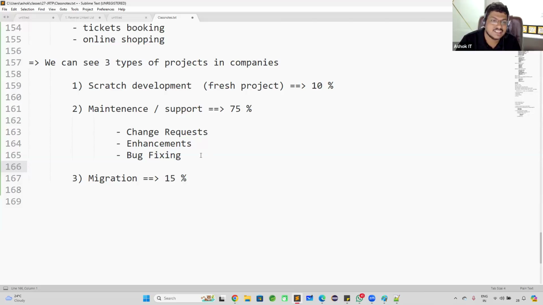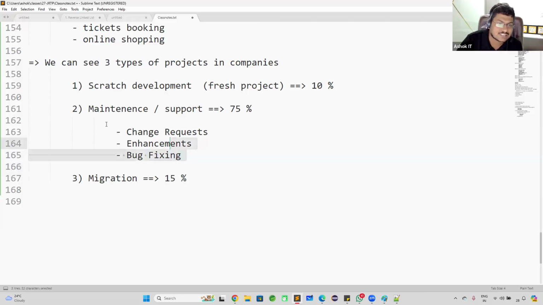And sometimes it is difficult because we need to understand the code which is written by other developers. Okay, directly you can't go and fix the bug. Directly you can't go and change the functionality. You can't change a method, the method parameter signatures, or the method logic. So a lot of impact analysis is required when you are working on a support project.